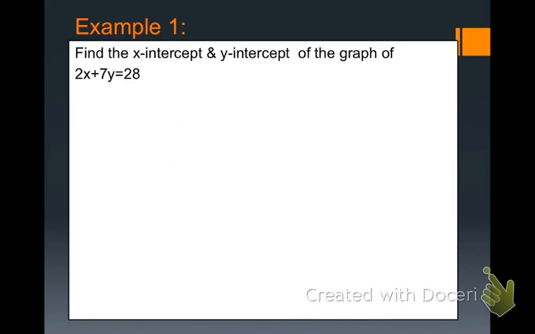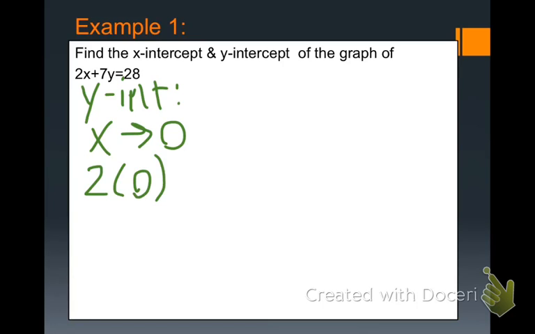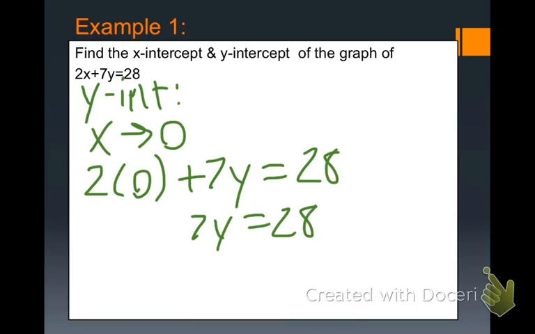Now to find the y-intercept, remember we want to make x 0. So again, plugging in 0 for x, 2 times 0 plus 7y equals 28. 2 times 0 is just 0, so we're left with 7y equals 28.